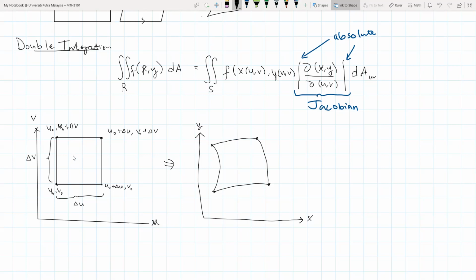Let's say this is R goes to S. In this case we have dA of UV, and then we have dA of XY. So is dA of UV equal to dA of XY?